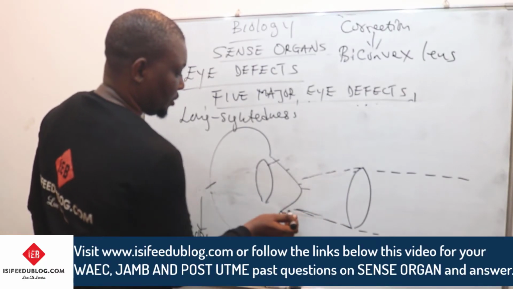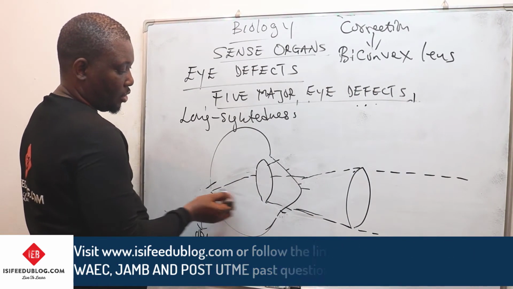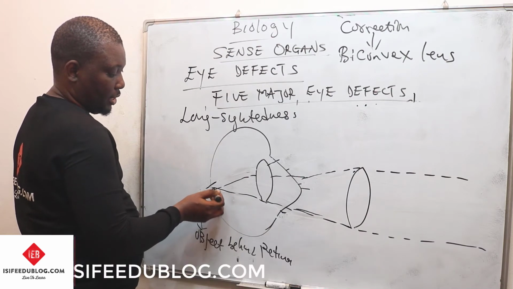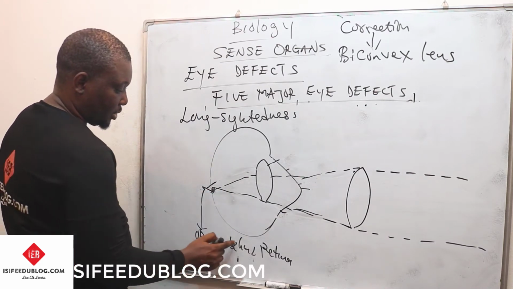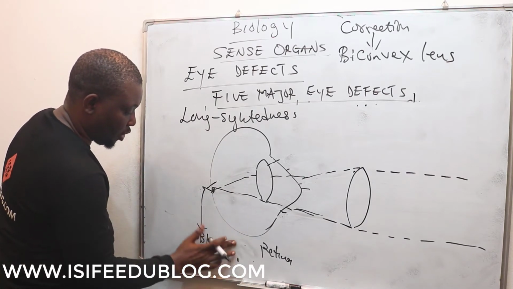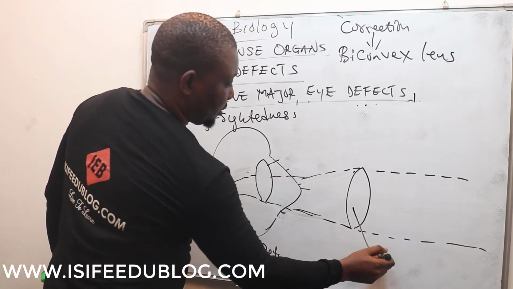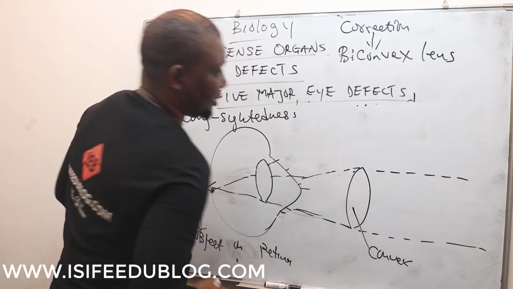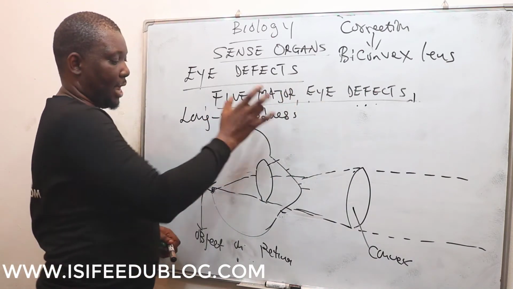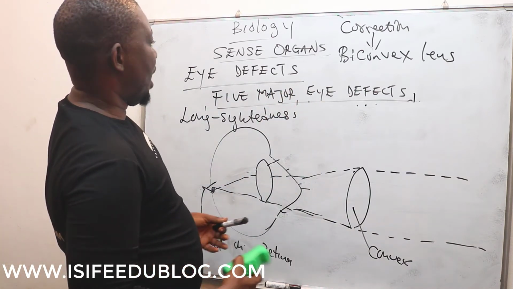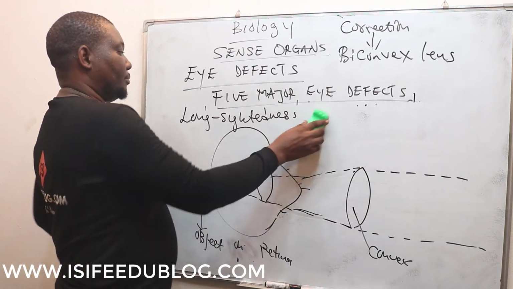This is curved before going into this lens, which means the curving continues until the image is brought to focus. So objects are not behind now, but on the retina. So this is what? Convex lens, the correction of long-sightedness, or hypermetropia, or far-sightedness.